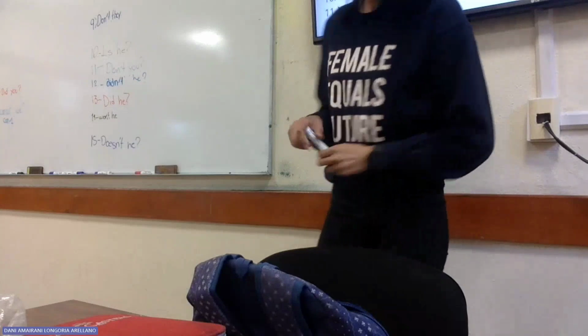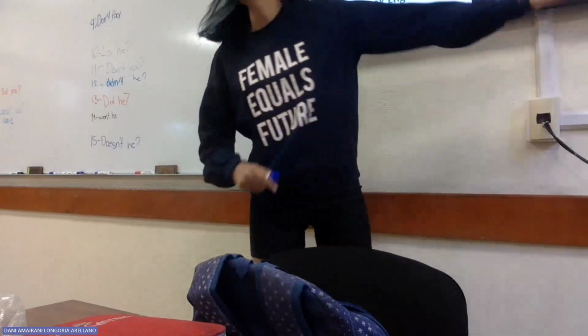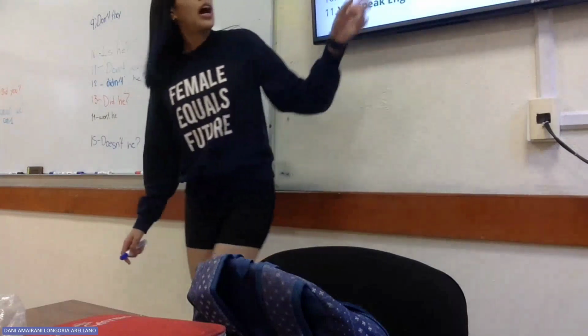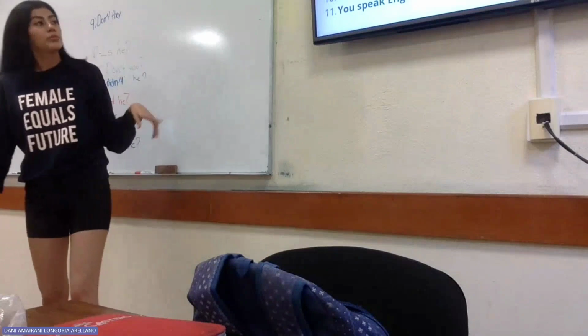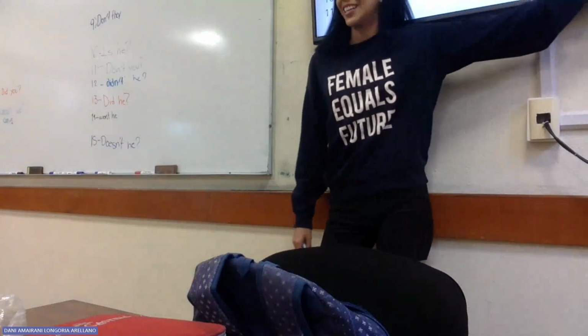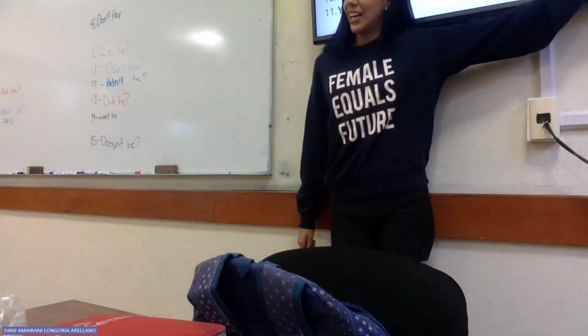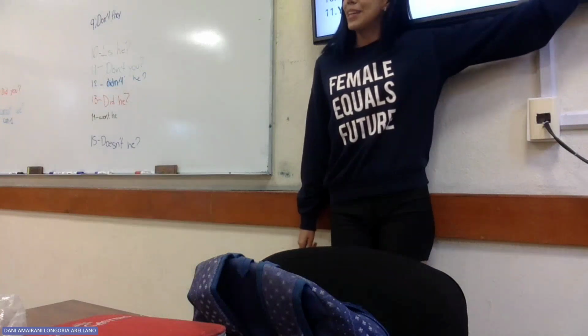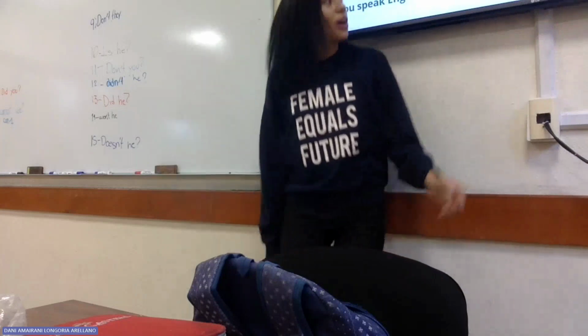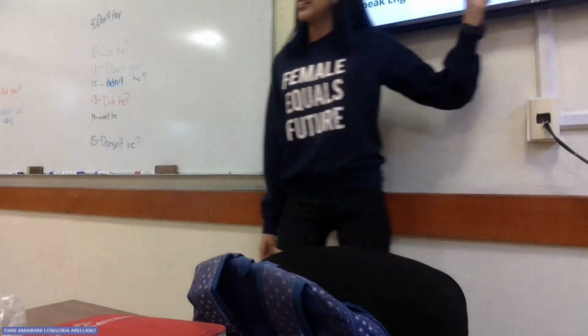Then, number 16. I'm sorry, I'm speaking too loud. I put one extra. I think we didn't do this one. How will it be? What is this? It's verb to be because it's I am. So, how will it be here?